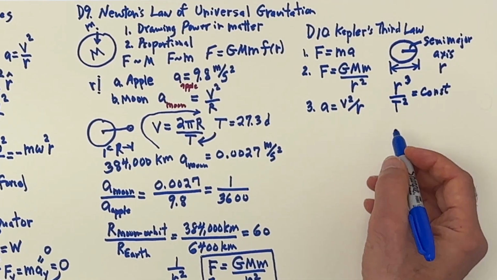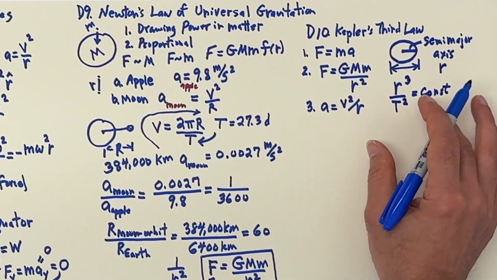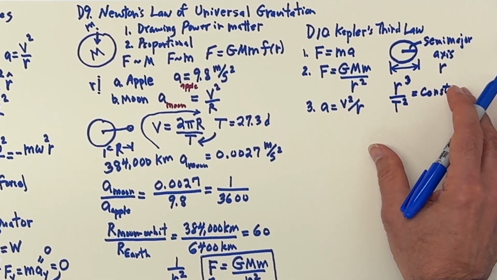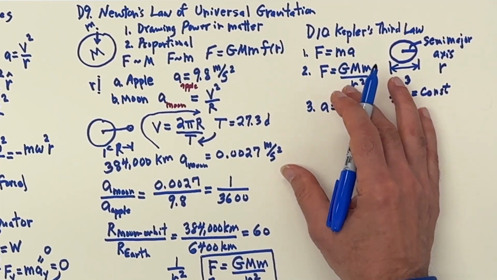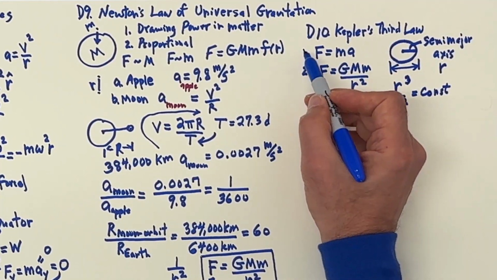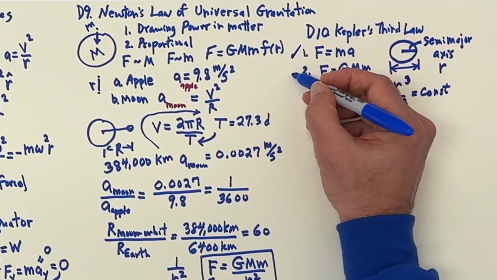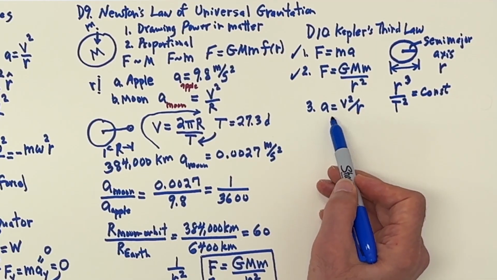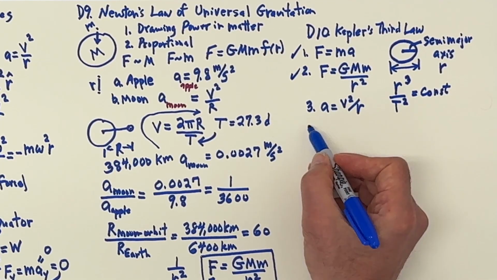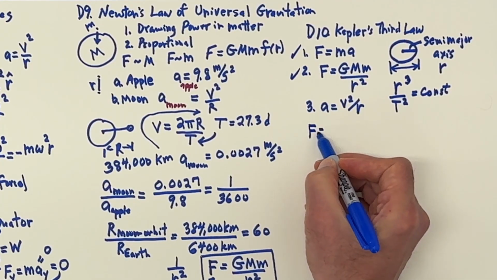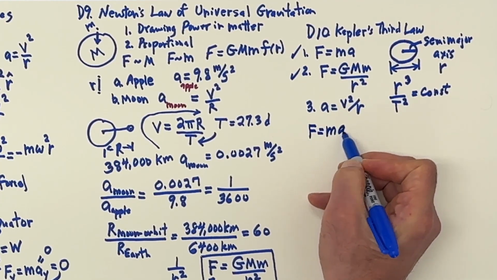So let's see if we can derive this mysterious law that was discovered by Kepler from first principles using the laws of motion and gravitation and the formula for the acceleration in a circular path. So we write down F equals ma and apply it.